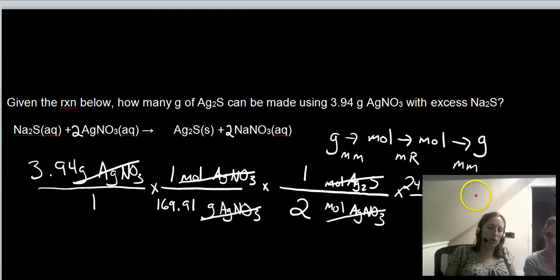I ended with the unit I wanted, I started with the unit that was given, and all of the intermediate units got canceled out, which means that the unit for my answer is grams of Ag2S. That makes me happy. And the answer for that is 2.87 grams of silver sulfide.